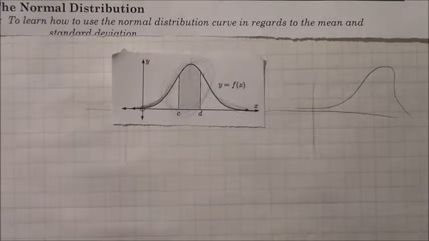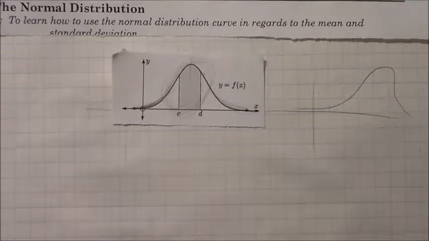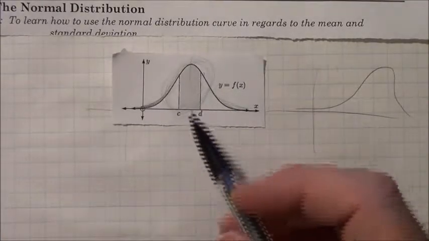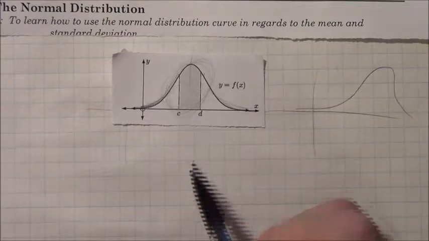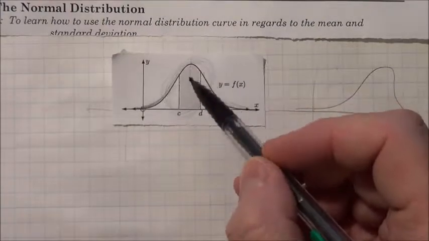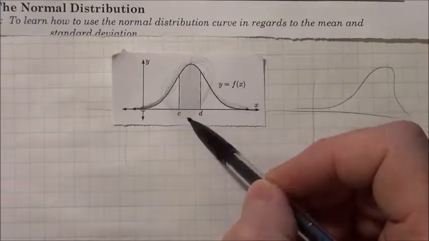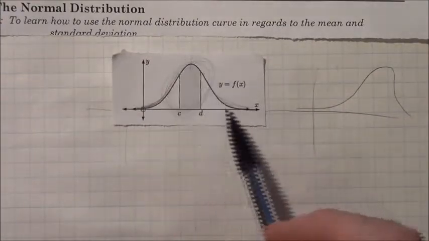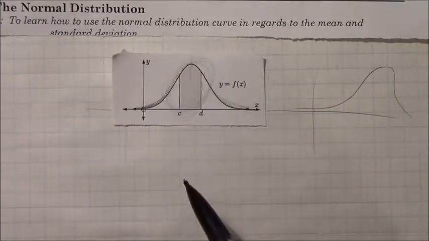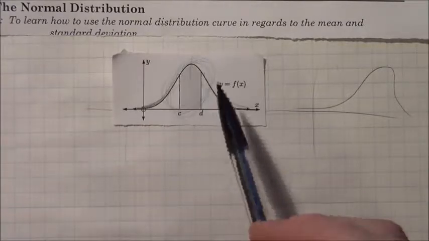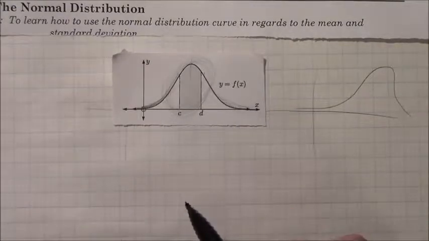So there are certain characteristics of the normal distribution curve, and one of them is that it's symmetrical. The mean and the median and the mode all fall on the line of symmetry of the curve, shaped like a bell. And of course it slopes downwards on both sides.